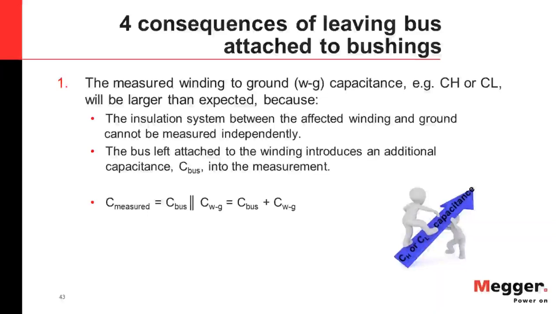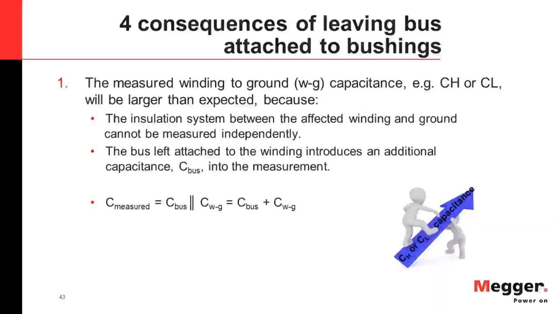And the bus left connected to that low voltage winding introduces an additional capacitance into the measurement. Since this additional capacitance, we'll call it C bus, is in parallel to the affected winding's capacitance, CL, the two are going to add, and you're ultimately going to measure a higher CL capacitance than expected.